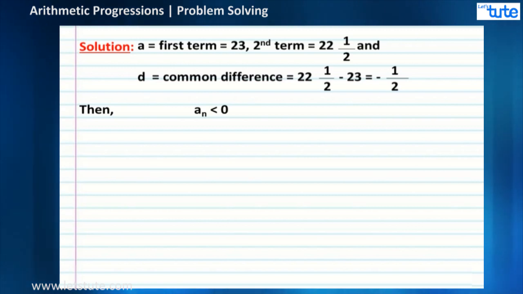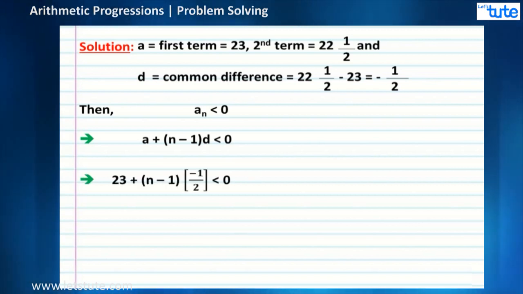Yes, we remember the formula for An, and the formula is a plus (n minus 1) into d is less than 0. Now we have a and we have d. So let us substitute these values in the above step. By doing that we get 23 plus (n minus 1) into minus half is less than 0.